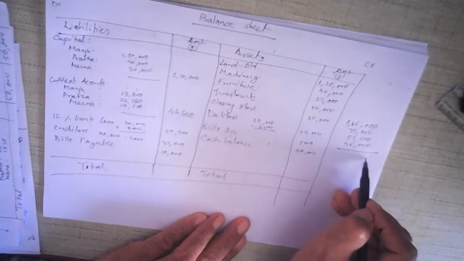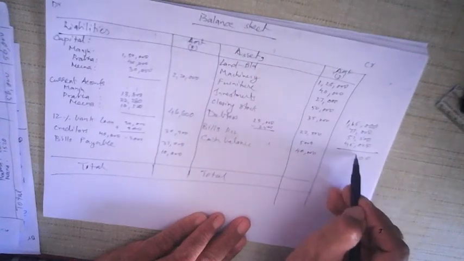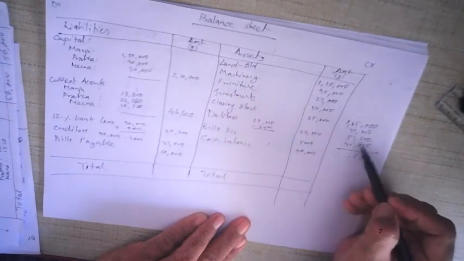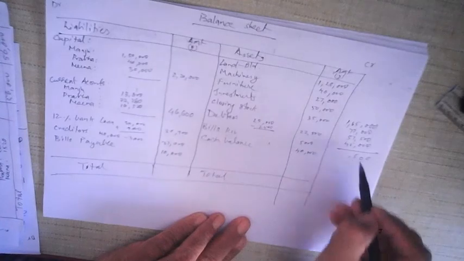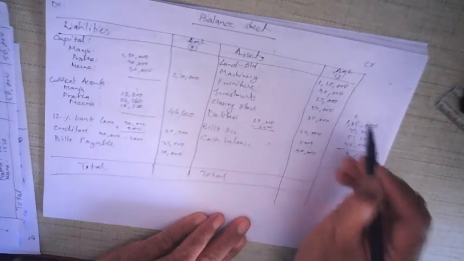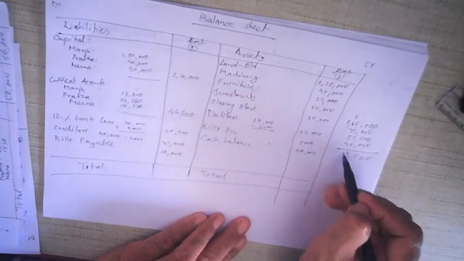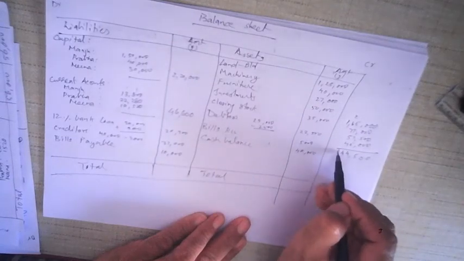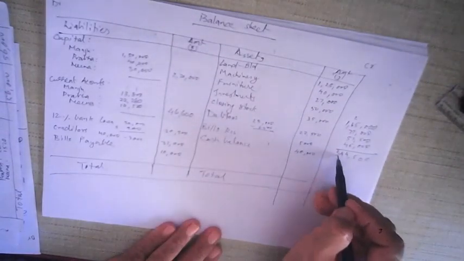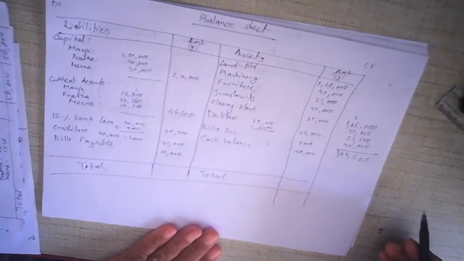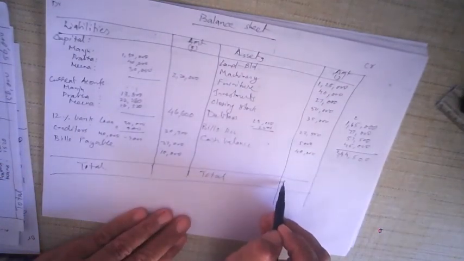So let us see the total now. 500 and 10, 17 and 7, 24. 15 and 5, 20, 24. 2 and 1, 3. 3,44,000, 3,44,500.